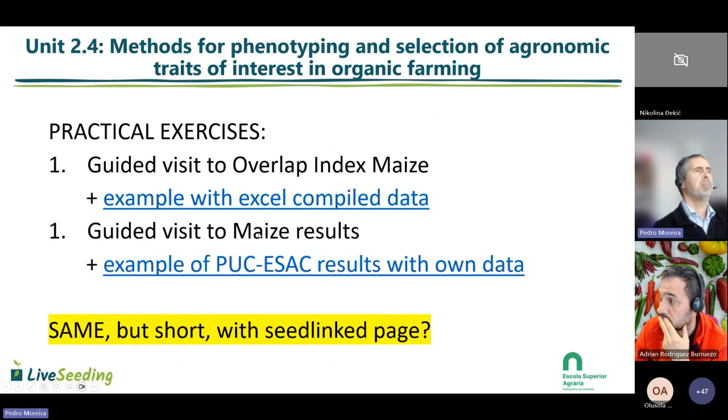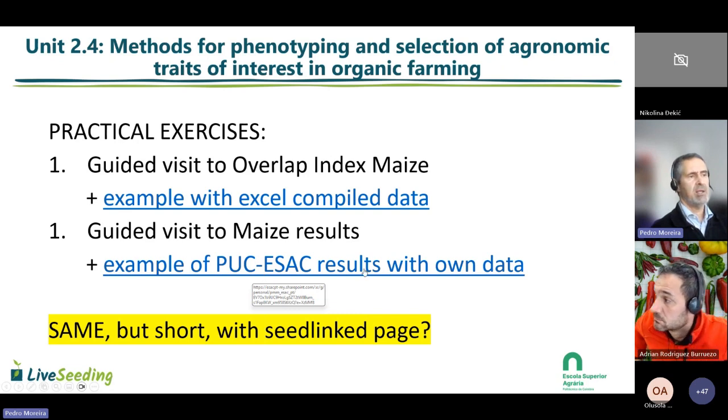So there are some practical exercises. Maybe we will not have time for them today, but it's an example Excel file of compiled data for the overlapping index in maize, and some of our field work, that you can use, for instance, to do some correlations, to see which correlations are most related with the trait that you want to choose, whether it's the length of the ear, the yield, or other.